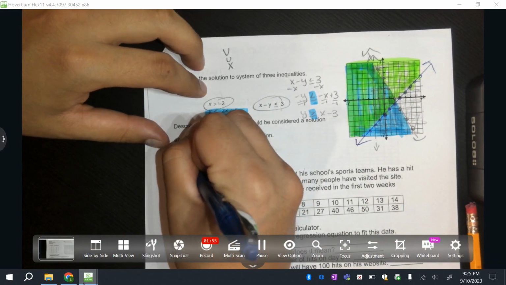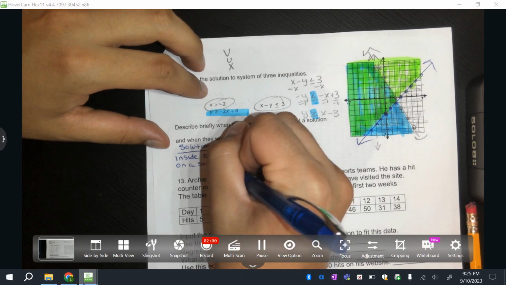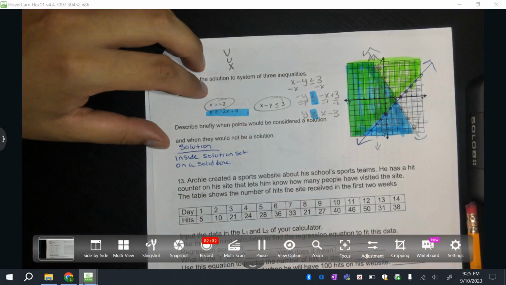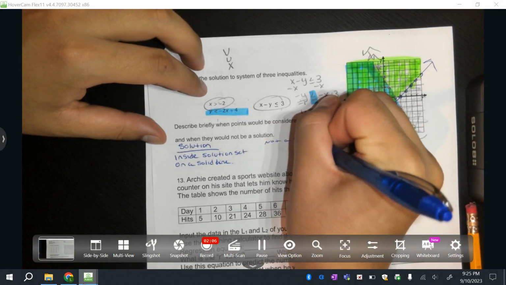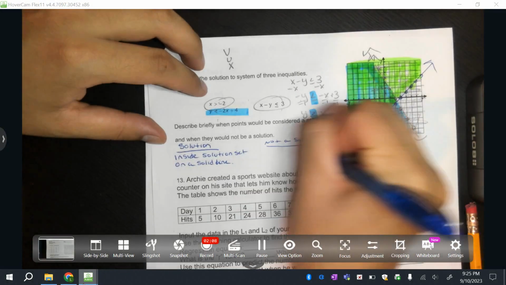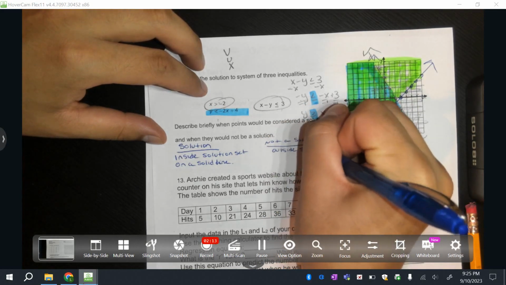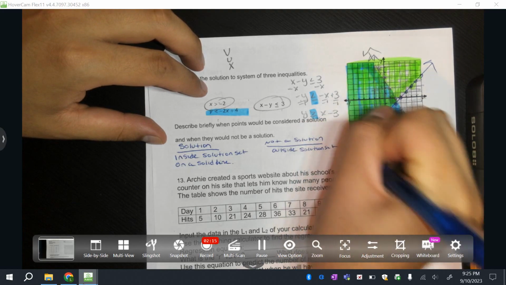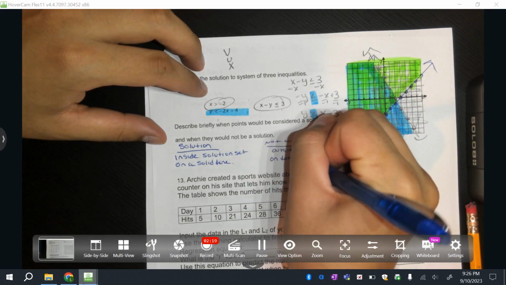They are solid. When they are not a solution, they are outside the solution set, or on a dotted or dashed line.